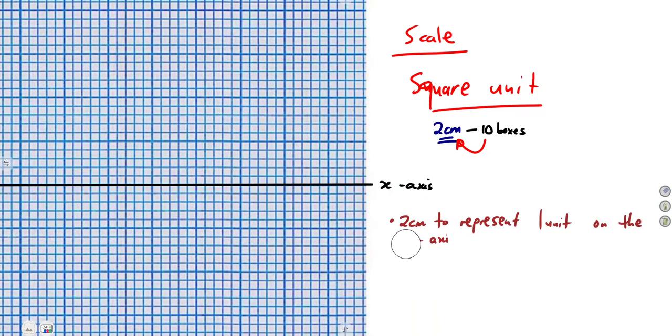Or let me just say both so that we understand. Then I'm going to change, all right? 2 centimeters to represent 1 unit on both axes, meaning the x-axis and the y-axis, we've got both here. So 2 centimeters, we said, is those 10 small boxes.